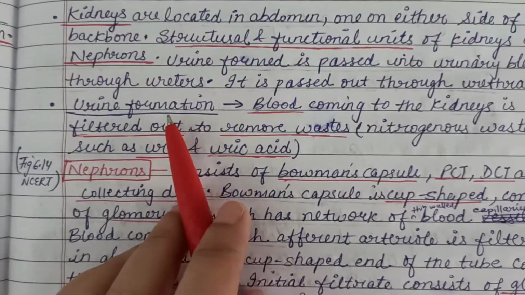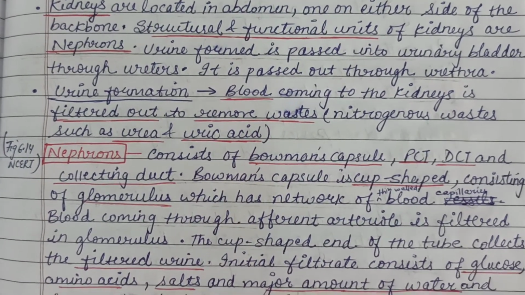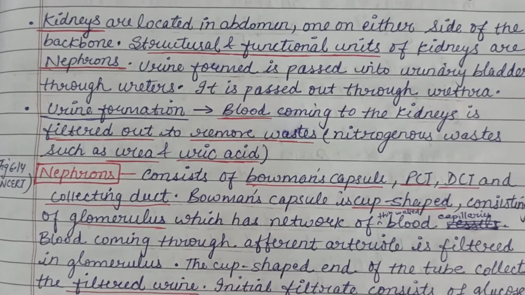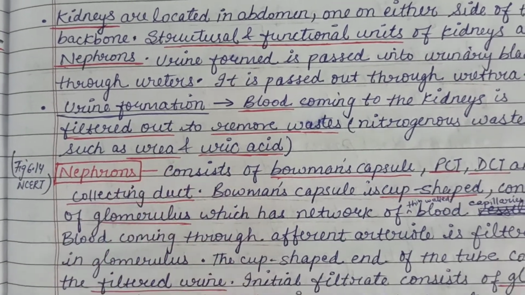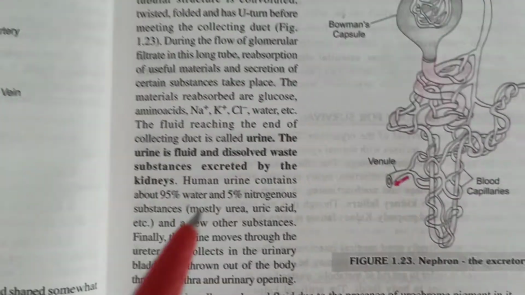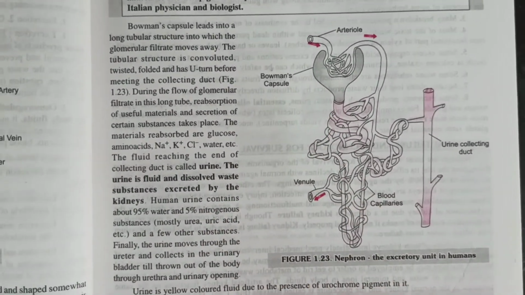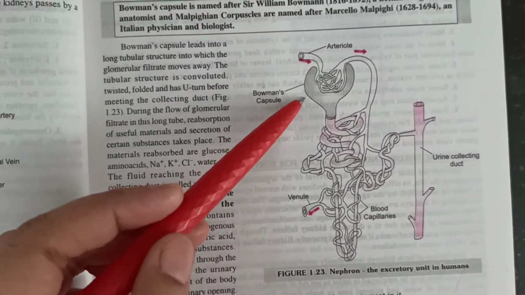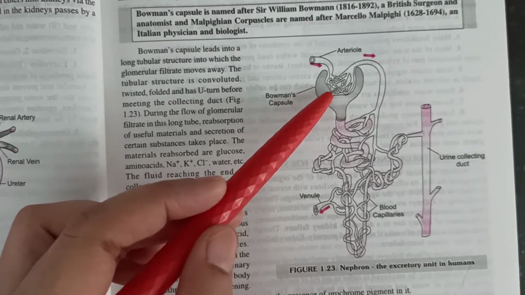In urine formation, blood which comes to the kidneys is filtered and wastes are removed. Wastes are mainly nitrogenous waste materials such as urea and uric acid. So first of all, let's see how a nephron looks. This is the structure of a nephron. It has a cup-shaped structure called Bowman's capsule. Inside it is a network of blood capillaries, which is the glomerulus.